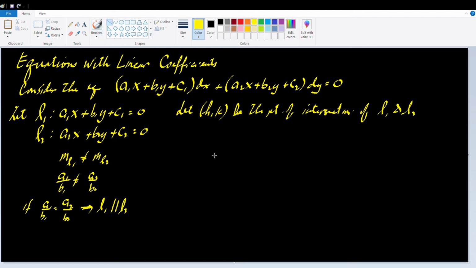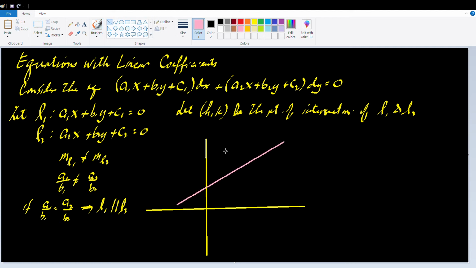Let us make an illustration. Now let us indicate the point of intersection at (h, k).